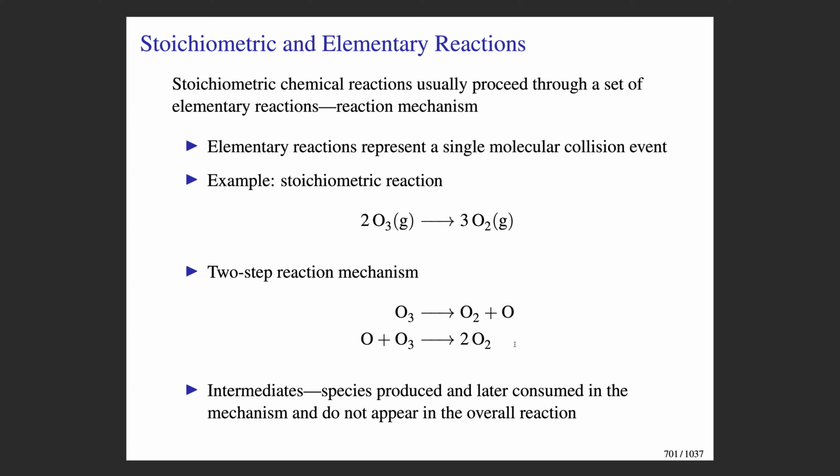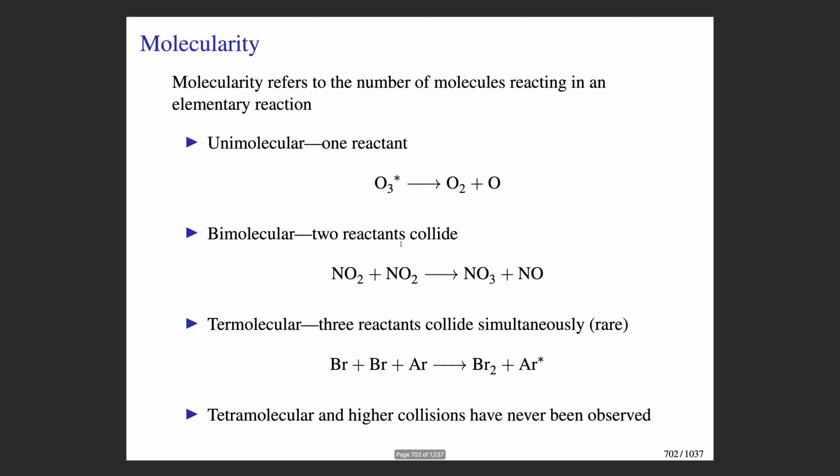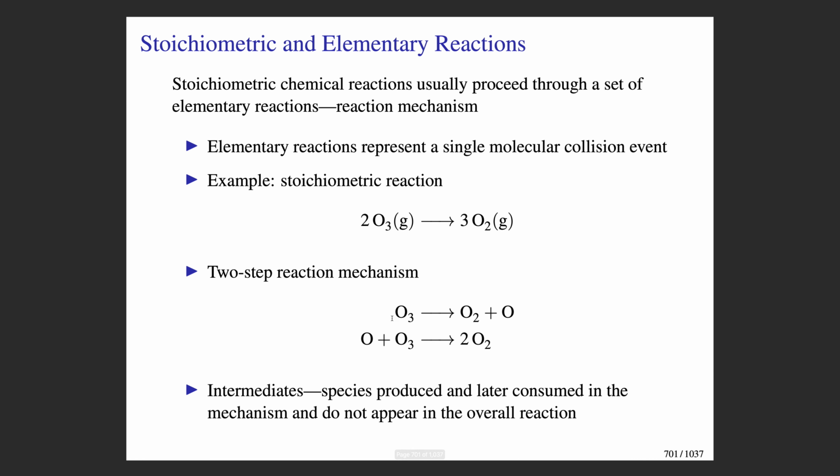It involves a species called an intermediate. The oxygen radical in this case is the intermediate. An intermediate is a species that is produced in one step of the mechanism and then consumed in a later step, and that does not appear in the stoichiometric reaction. So in these two reaction steps, an ozone molecule falls apart into these two species.